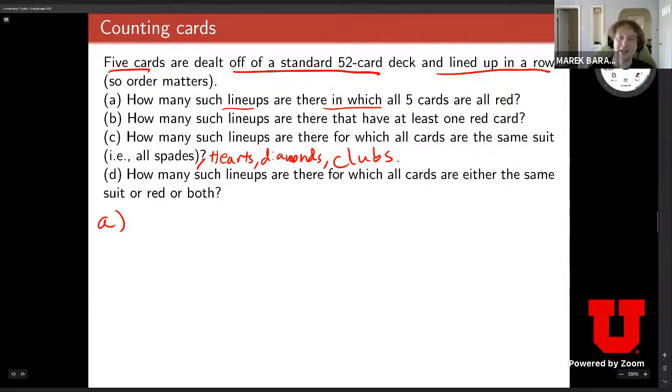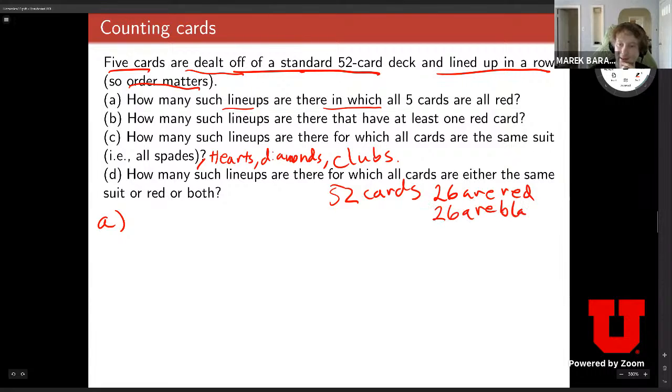And so you need to think about this. Order matters, so we're not using a choose function. And we're coming off a deck with 52 cards, which means that we don't have repetition. So just to remind you, we have 52 cards. 26 are red. 26 are black. I guess there's no jokers in the deck. Okay, so I'll give you a minute to think about that.